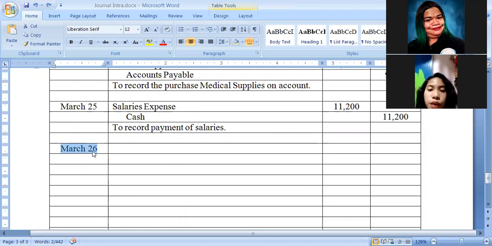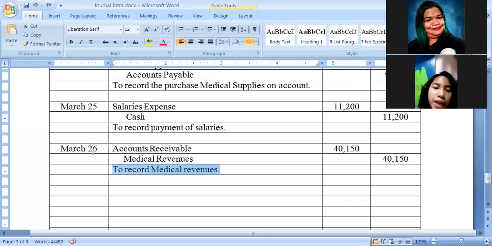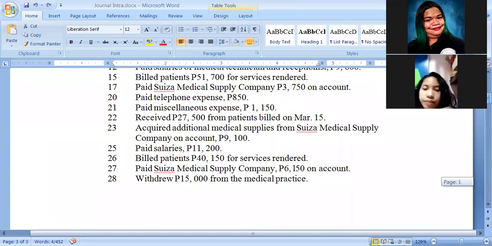Sa ato ang debit kay accounts receivable, kay it is an asset na ni-increase ato ang amount, which is 40,150. Then ato ang credit kay it is the medical revenues, kay dito man siya nagikan, which is the 40,150. It is also to record the medical revenues. Now let's proceed on March 27.